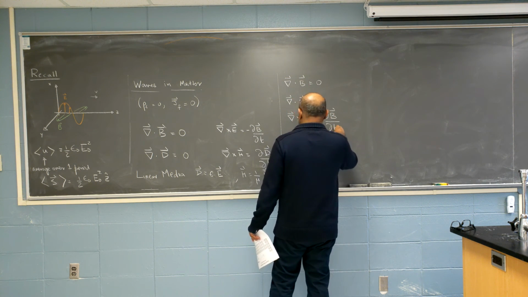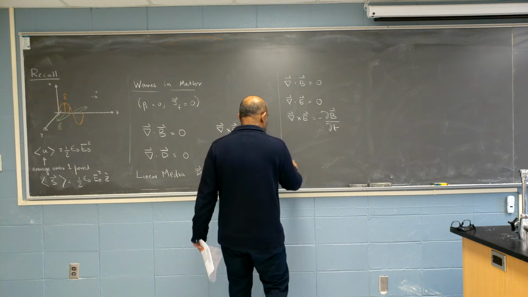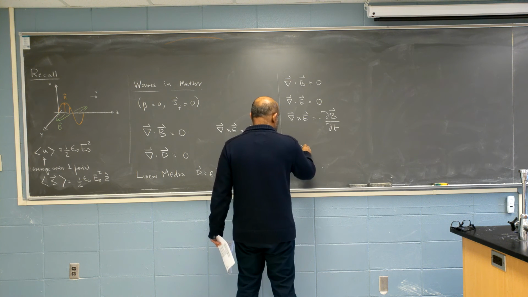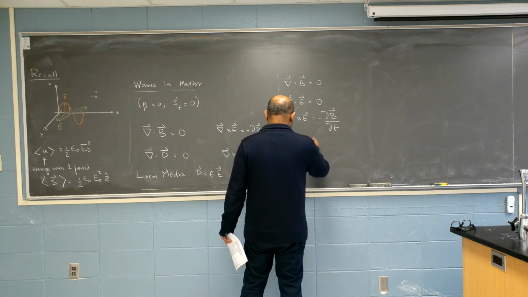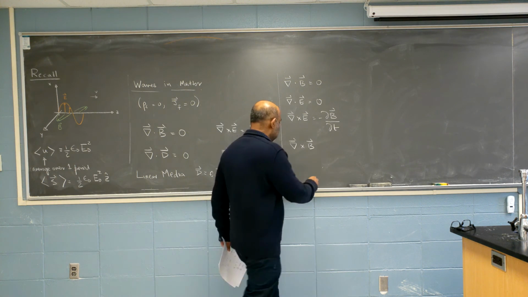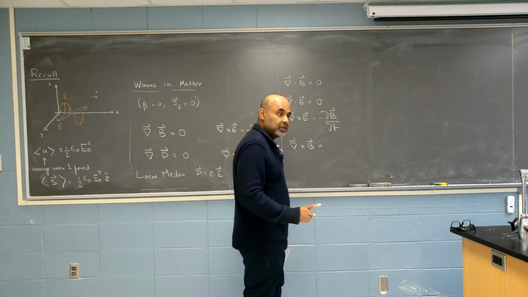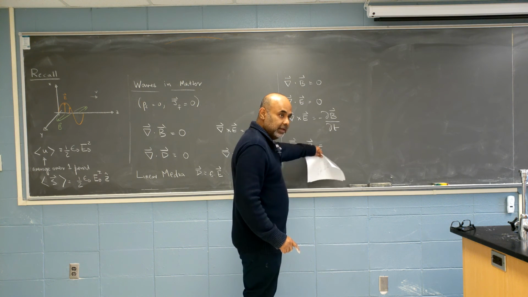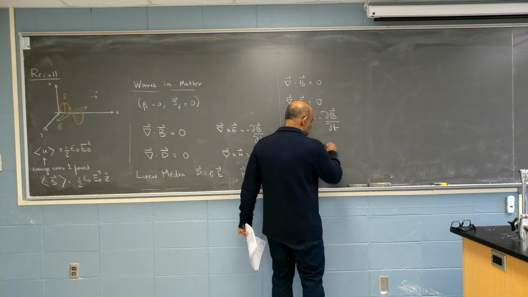Then we have this guy, del cross E equals minus dB/dt, and this is going to be del cross B. There's a mu over here and an epsilon over here, not mu naught and epsilon naught.